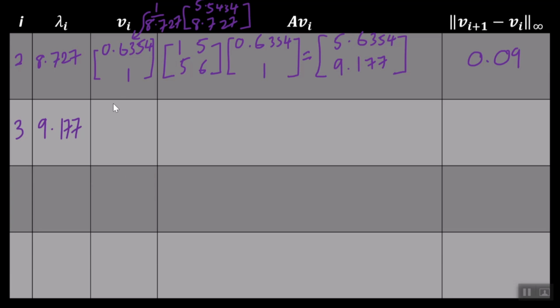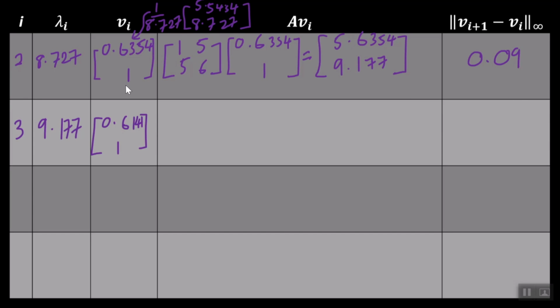So our new V3 would be 1 over 9.177 multiplied by AV. And this gives us 1 here at the bottom and 0.6141. Again, we could calculate the error.